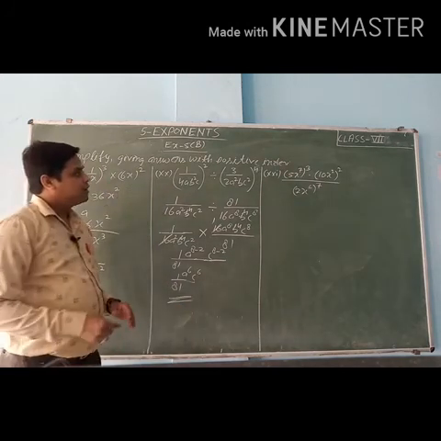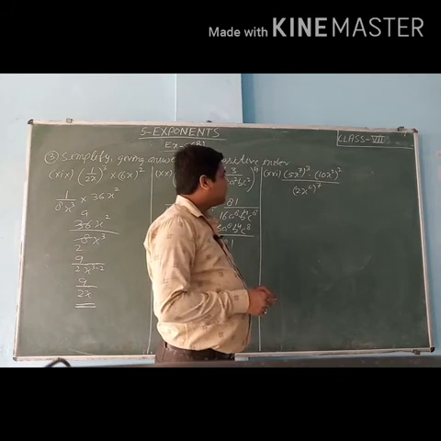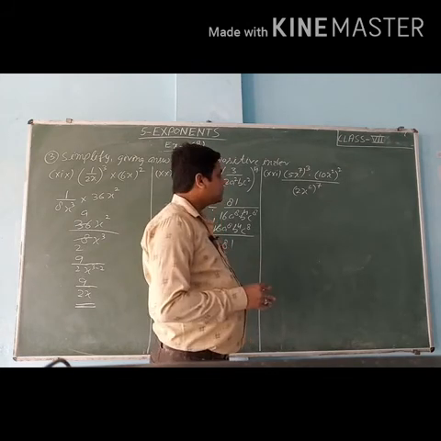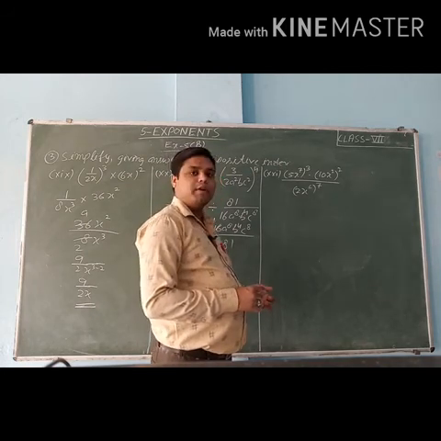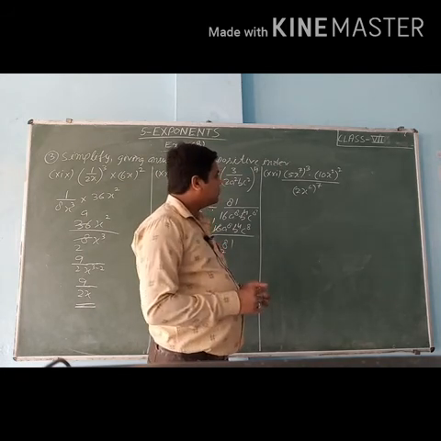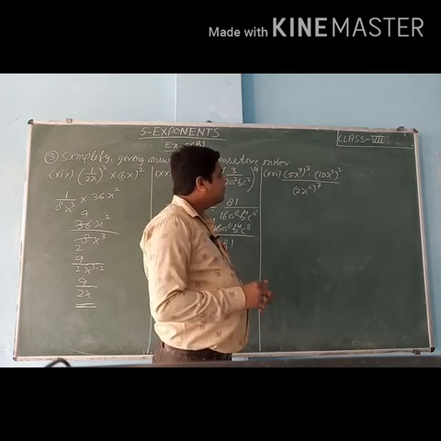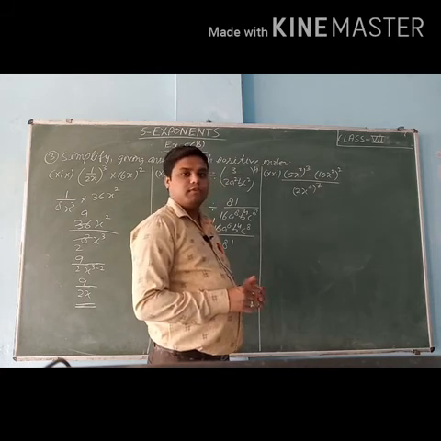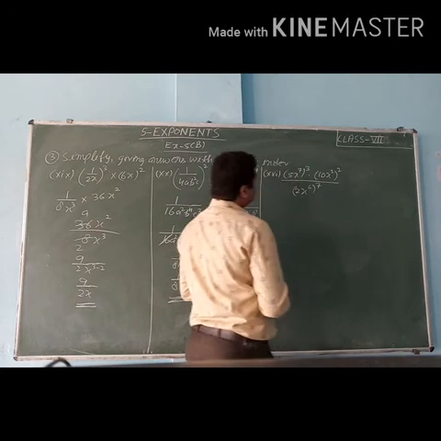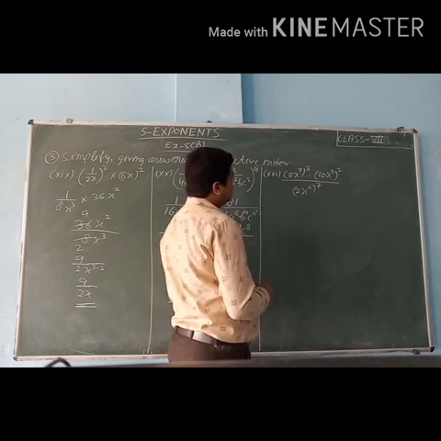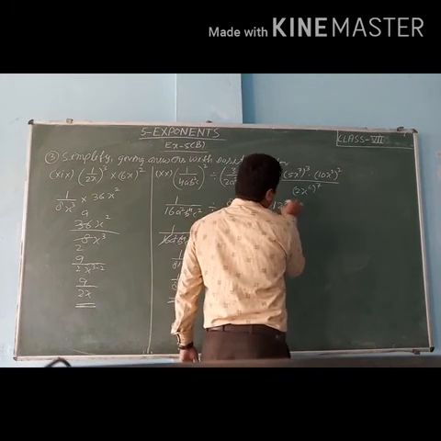Next, the 21st part. (5x⁷) whole power 3, then multiply (10x²) whole power 2 upon (2x⁶) whole power 7. So students, see how we can solve this. 5 raised to the power 3 means 125.